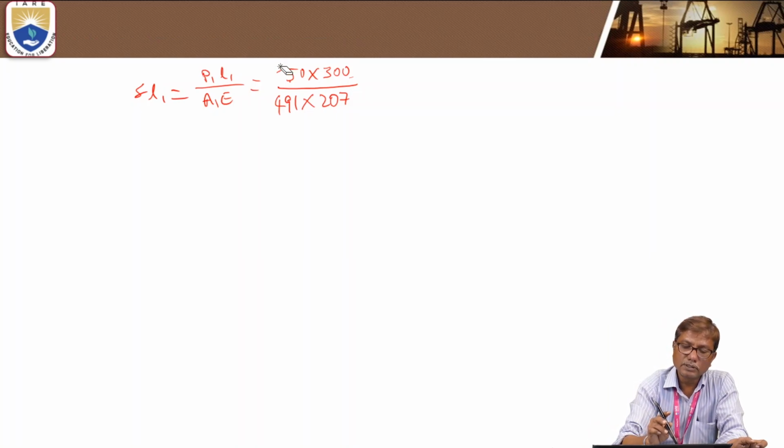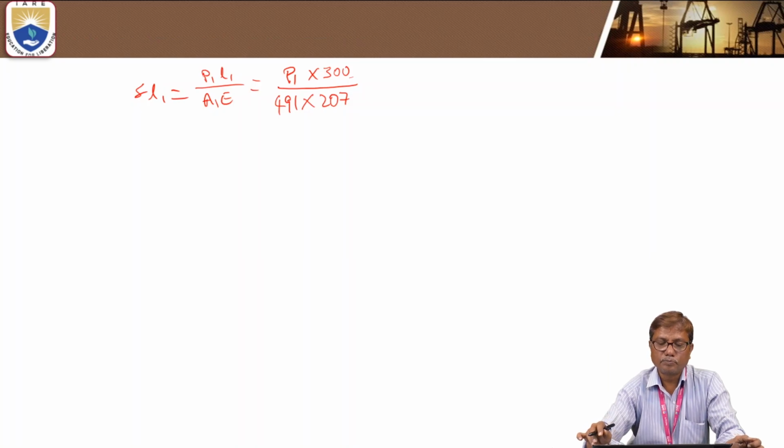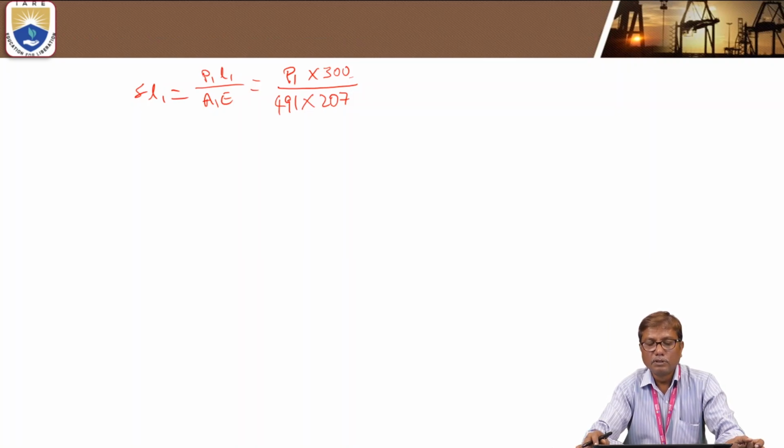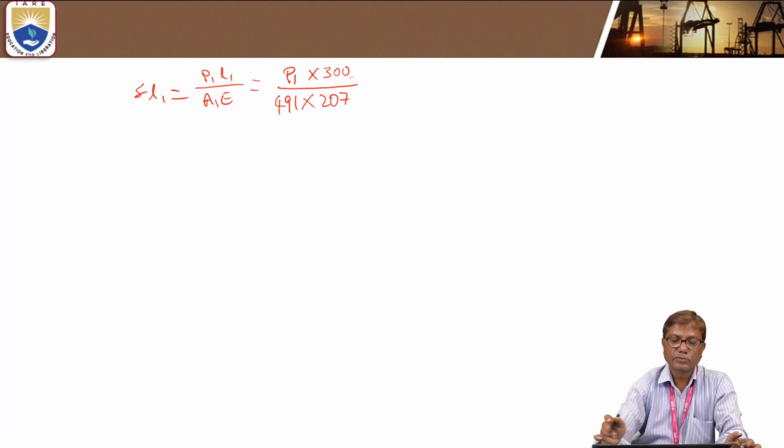Here load P1 is unknown actually. It is not 50. So P1 is unknown. P1 into 300 by 491 into 207. Okay.